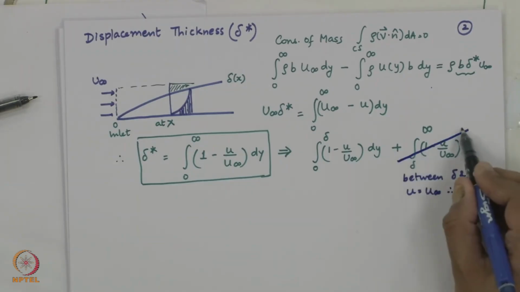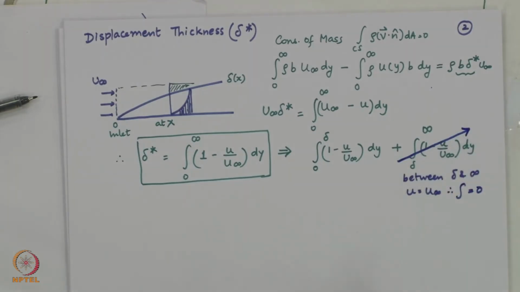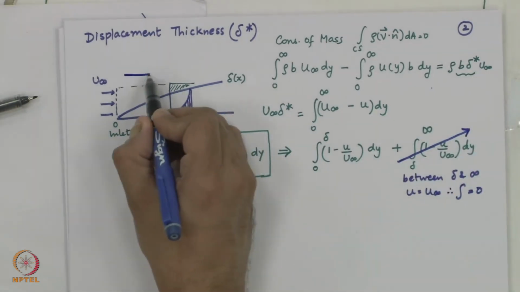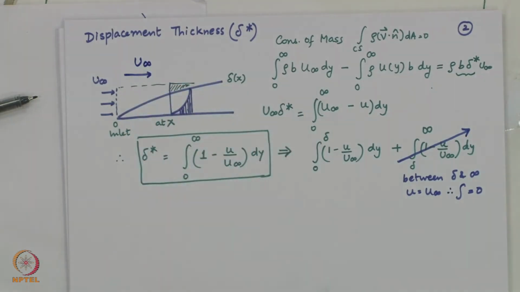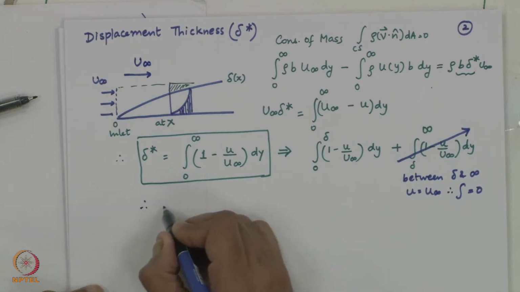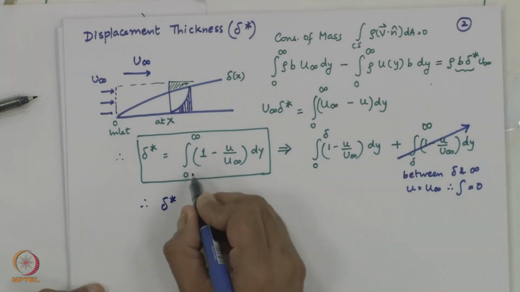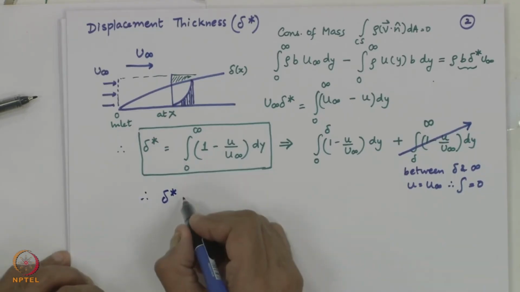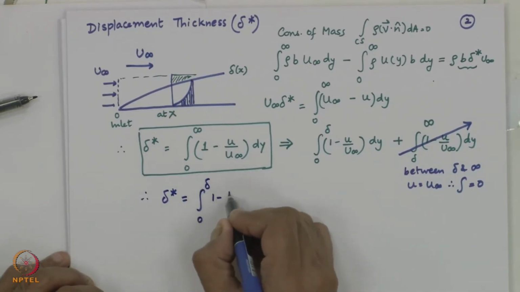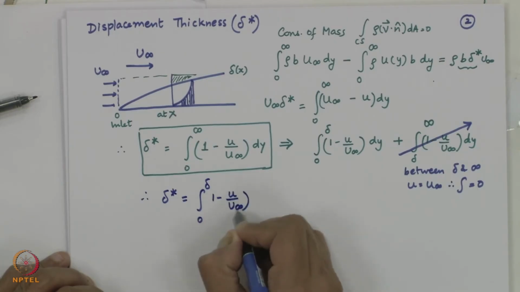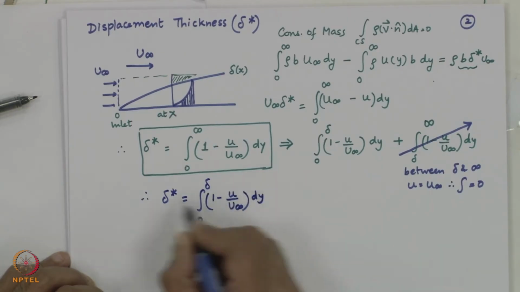So, this identically becomes 0, because the velocity here beyond delta is u infinity, which is nothing but the free stream velocity. So, 1 minus u by u infinity goes to 0. Therefore, though delta star is defined from 0 to infinity, in effect I am actually dealing with it from 0 to delta, 1 minus u by u infinity dy.